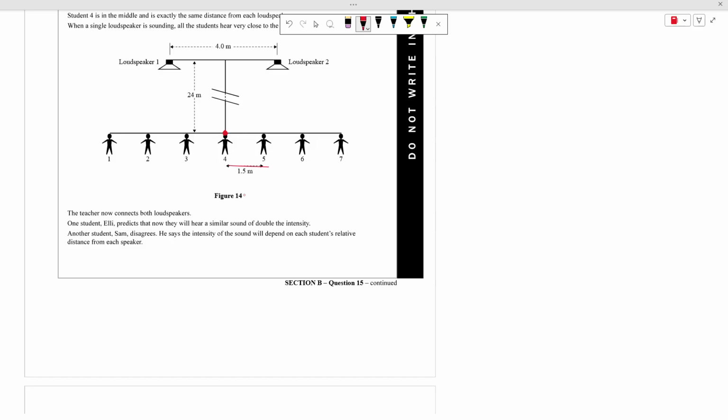So that means that's 1.5, that's 3. So this kid's standing on another antinode, and this kid's standing on another antinode. And the kids halfway between antinodes must be standing on nodes. Okay? And if the question is, compare what student 2 hears and compare what student 5 hears, well, student 2 hears loud sound, student 5 hears soft sound. Okay?